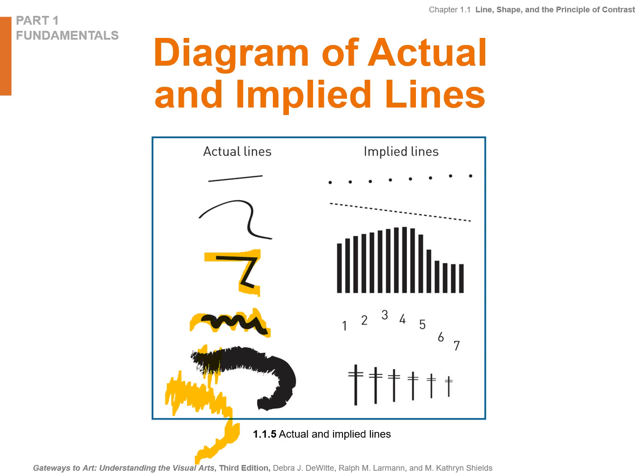Implied lines ask us to fill in the blanks, connect the dots, literally in this case. So when we see a row, a line of dots, our eyes immediately begin to imagine a line that connects these, and so we are creating the line in our mind. The same with this dashed line, and the line created by the top edge of this graph type image.